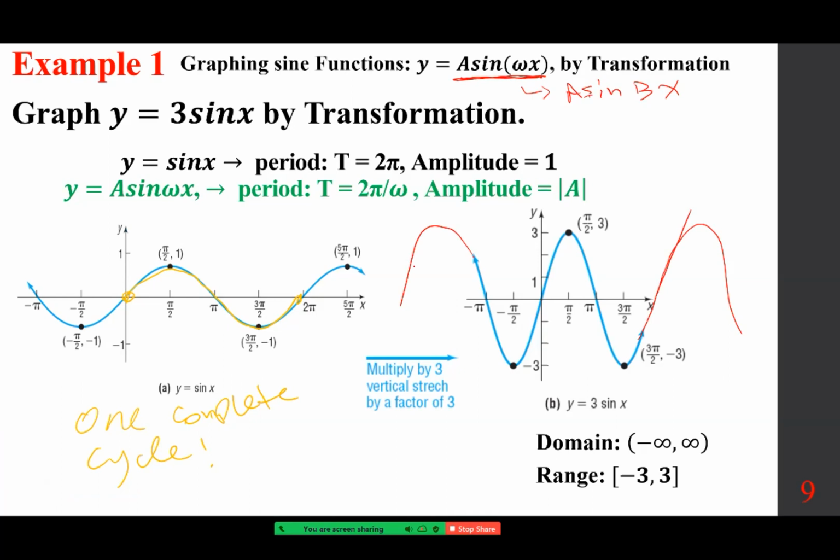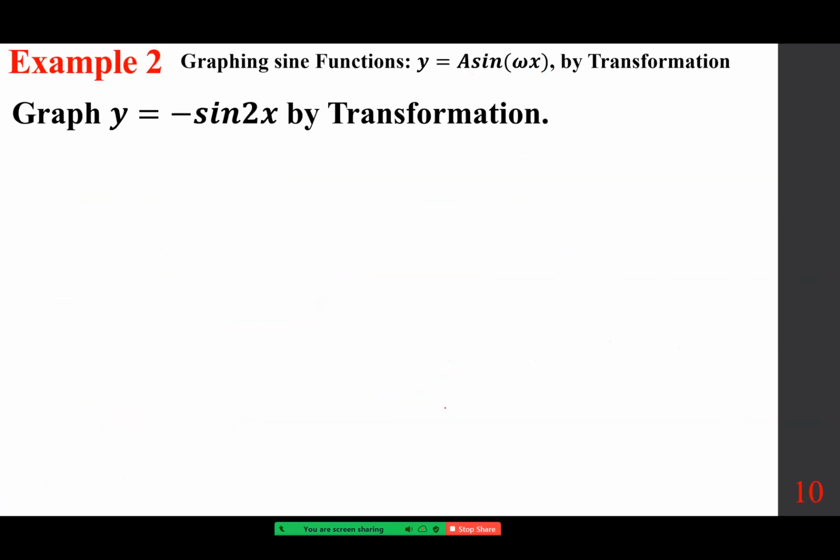So that's the function y equals 3 sine x. Simply put, that's all we had to do: a vertical stretch along the y-axis by a factor of 3.